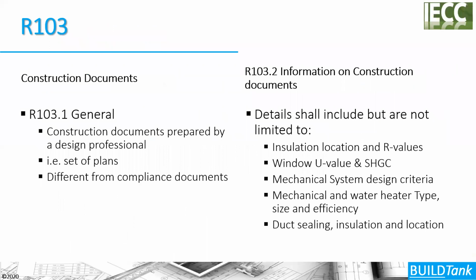Now, the other thing that this section talks about is what needs to be included in these construction documents. And on the right-hand side, you see these details, including insulation, windows, mechanical systems, duct sealing. Well, in, I believe, the 2012 IECC and continuing on to the 2018, these air sealing details were added to the details that needed to be included in the construction documents.